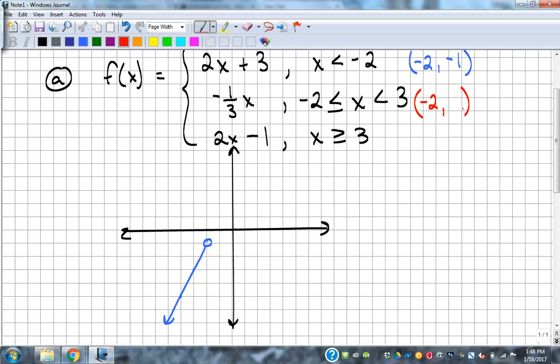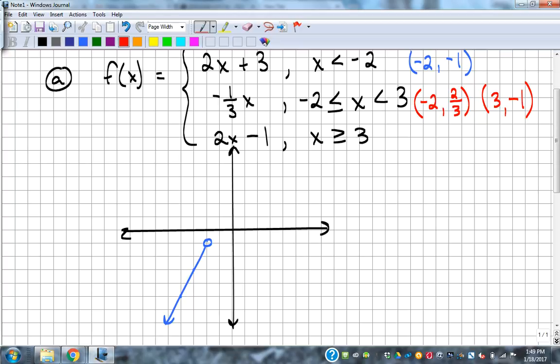Negative 2. If I plug that into negative 1/3 x, that would be positive 2/3, right? And then 3 plugged in would be what ordered pair? What's the y value that goes in 3? It goes in here. 3 times negative 1/3 would be negative 1.